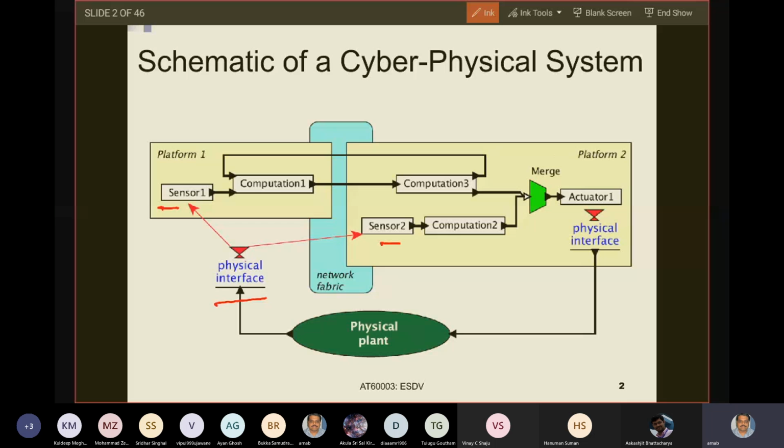Now, based on that, the objective is to design a control system that will control the physical system in the way I want. For the case of an adaptive cruise control system, I may want that if the road is completely clear, I should be maintaining the speed of my car at a stable 60 kilometers per hour.